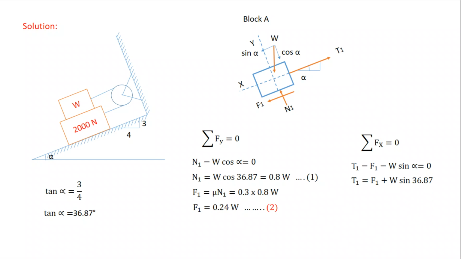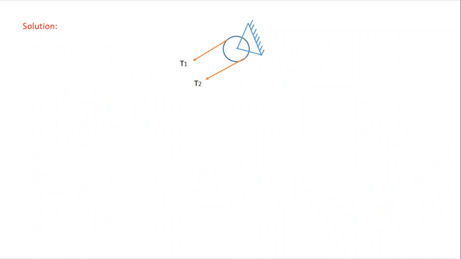Again simplify it, T1 is equal to F1 plus W sin 36.87 degrees. F1 is already calculated from equation 2, substitute this value: 0.24 W plus 0.6 W. So T1 is equal to 0.84 W. This is equation number 3.